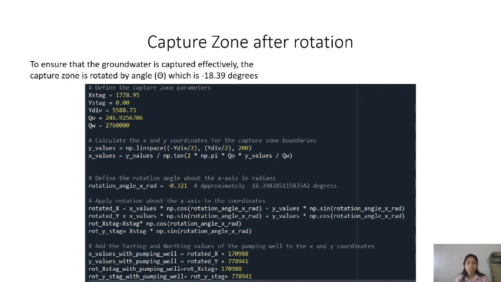For rotating the capture zone, we take the rotational angle in radians, and this is the formula we use to rotate the parabola about its center x-axis. After that we add the center of well C to get the spatial location of the rotated coordinates.